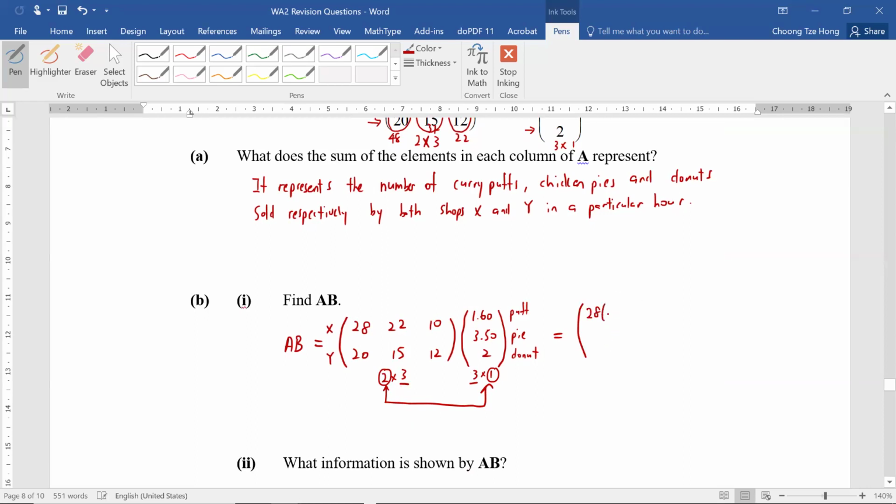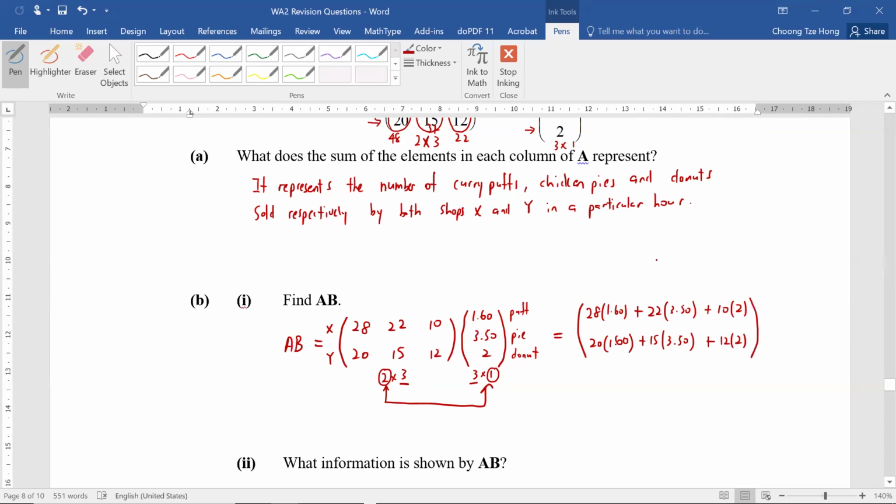So it'll be 28 times 160 plus 22 times 350 plus 10 times 2. Then the next one will be 20 times 160, always row by column, plus 15 times 350 plus 12 times 2.